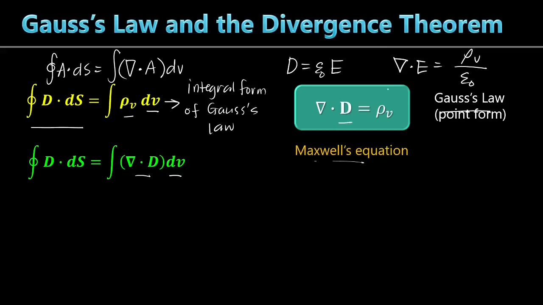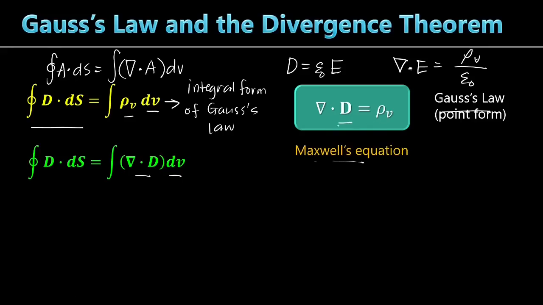Now, how do we interpret this equation? No? Ano ang gustong sabihin sa atin ng equation na iyan? Simple lang. Kapag sa isang point ay mayroong electric charge na present, ayan, kasi this volume charge density represents the charge. Kapag sa isang point ay may charge, then sa point na yon may electric field na manggagaling. So if that charge is a positive charge, then electric field must be emanating from that point.